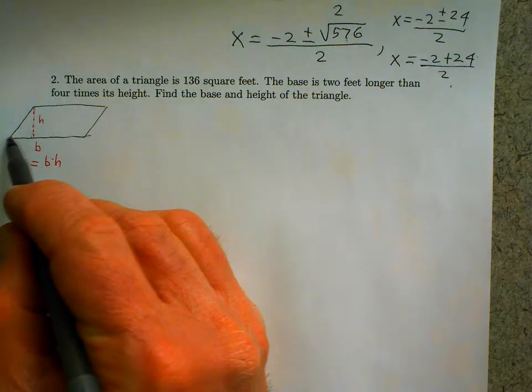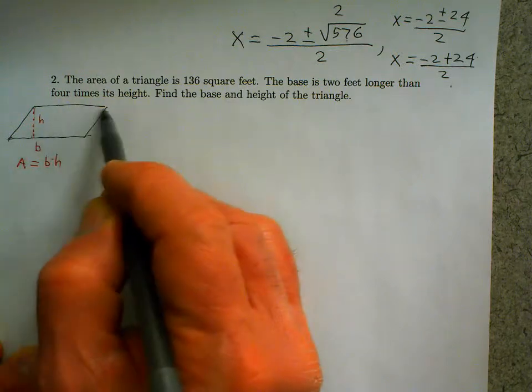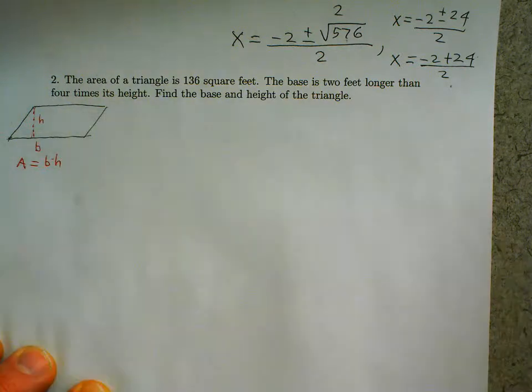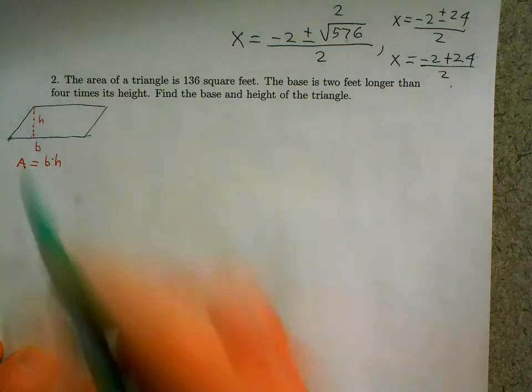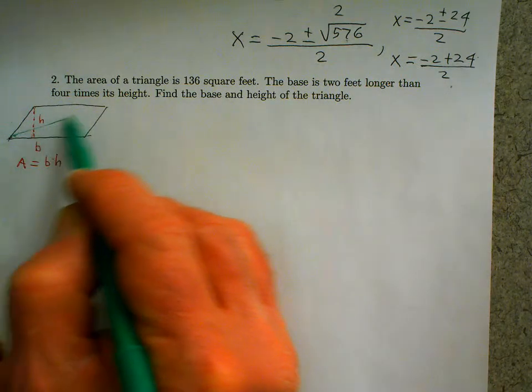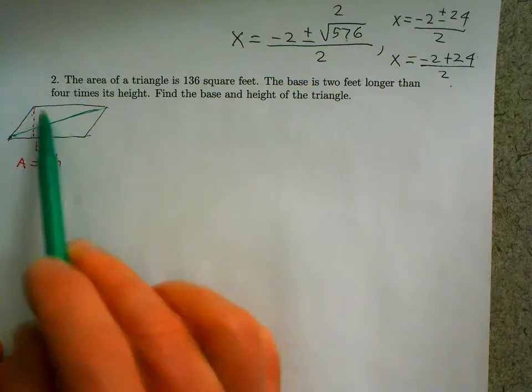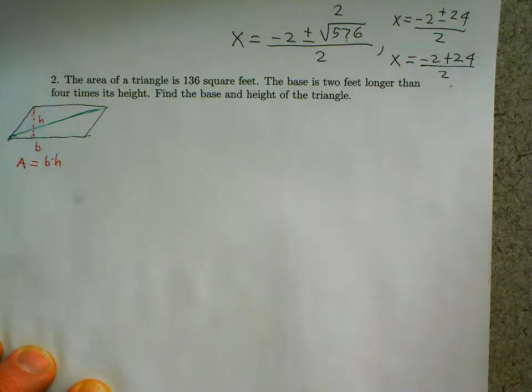Well, if you have a parallelogram, you can construct 2 triangles that have the same area. One way to construct a pair of triangles that have the same area is to divide it like this. Those 2 triangles have the same area.